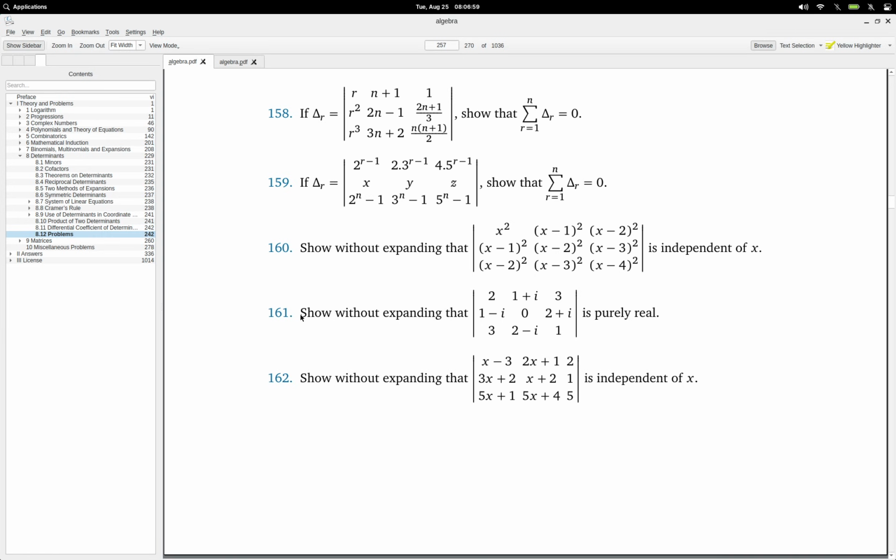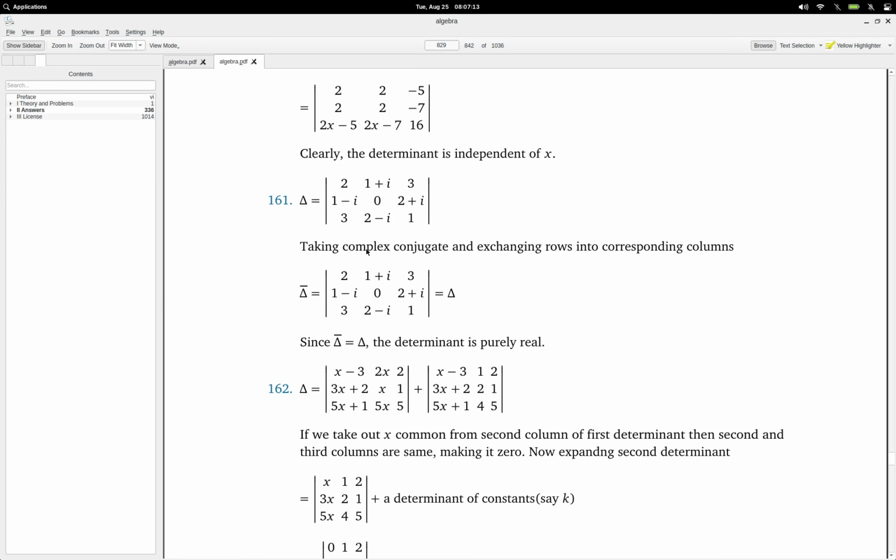Question 161 says that show without expanding that the determinant 2, 1 plus i, 3, 1 minus i, 0, 2 plus i, 3, 2 minus i, 1 is purely real. So what we do here is we take complex conjugate and exchange rows into corresponding columns.